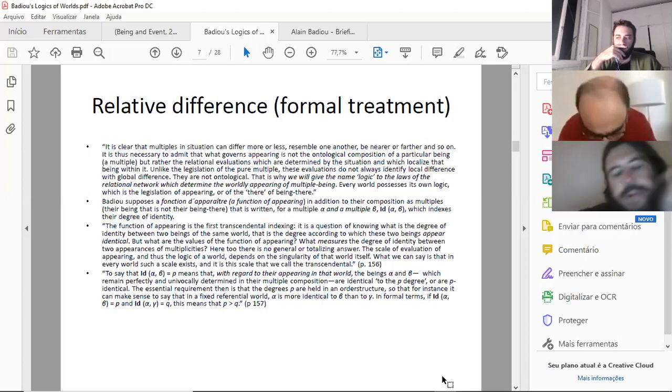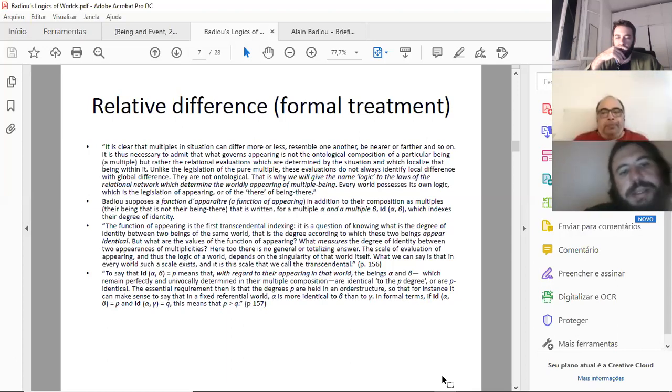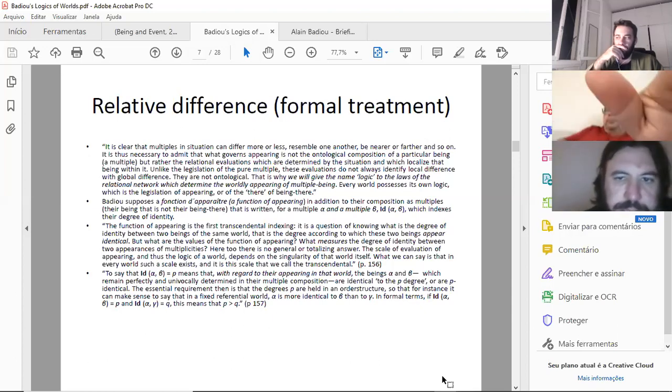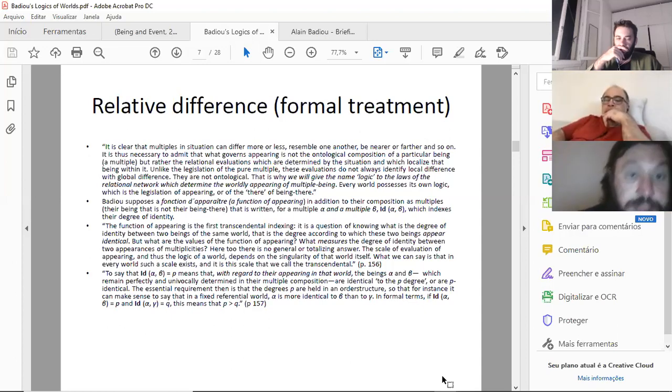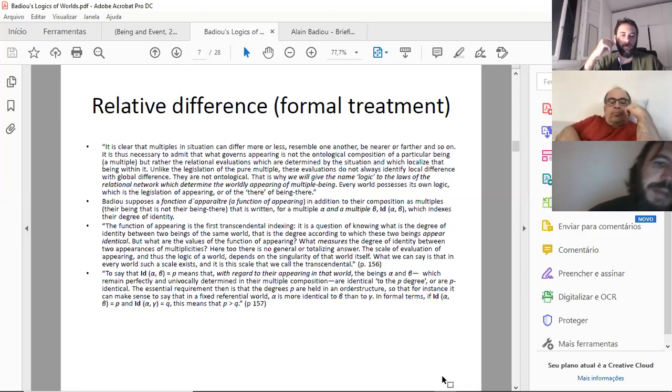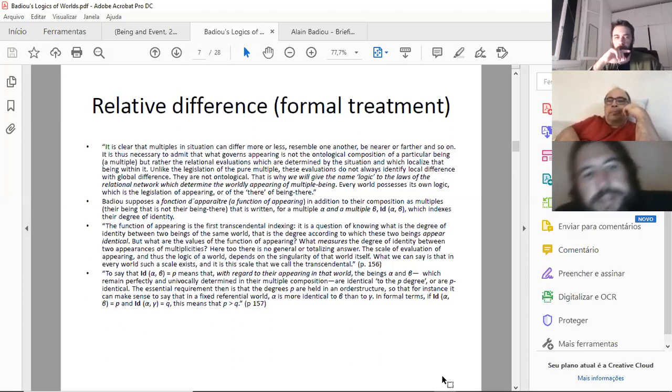Everything is different, right? So there's this very strict implication between local and global. So this is what he's referring to here, right? Unlike the legislation of a pure multiple, which is ontology, these evaluations do not always identify local difference with global difference, right? They are not ontological.